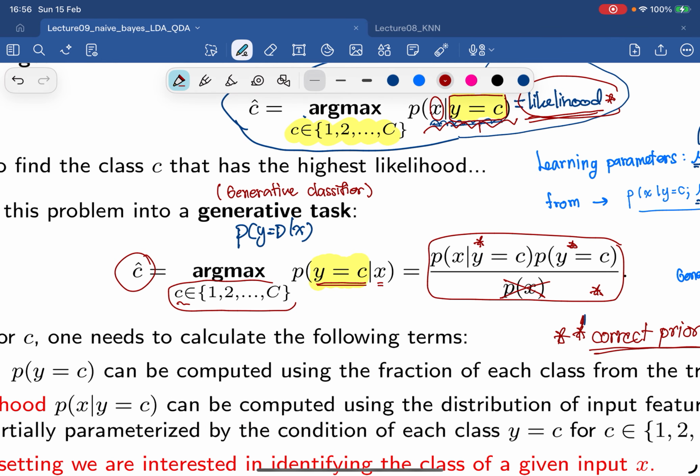If we want to make a decision about which class maximizes this probability, what we need to do is come up with a formulation for it. Previously, according to K-nearest neighbor, we can come up with this quantity by just summing those y_j equal to class C, divided by K.